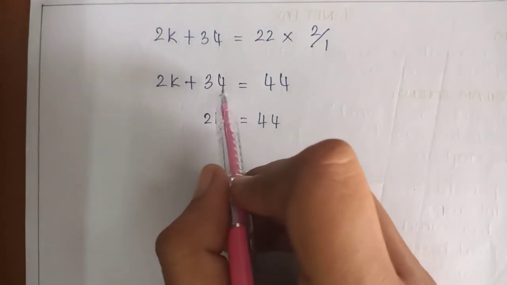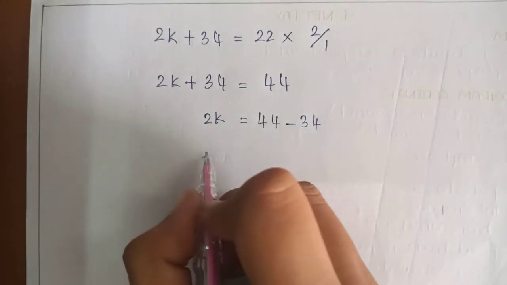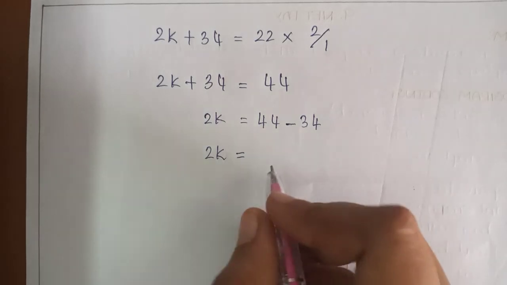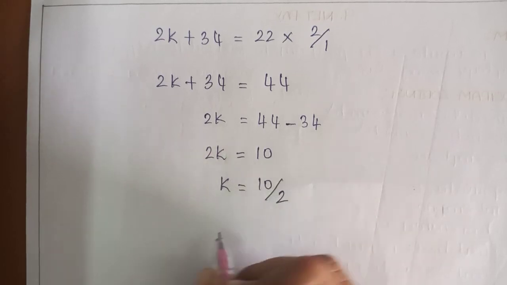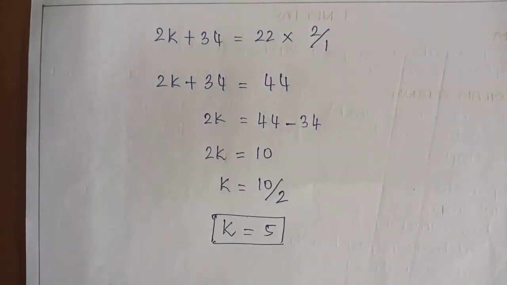If you take plus 34 to the right hand side, it will become minus 34. So 2k is equal to 44 minus 34, which is 10. k is equal to 10 by 2, which is nothing but the value of k is equal to 5.